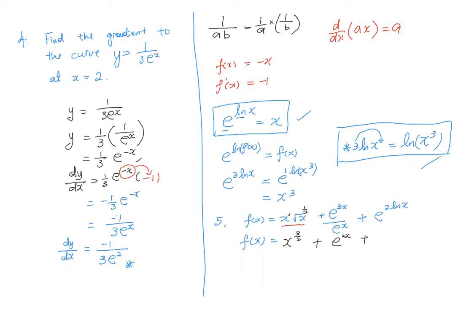Okay, third one. How to simplify the third one? Xinyi. X square, correct. So this one bring up, become x square, correct?